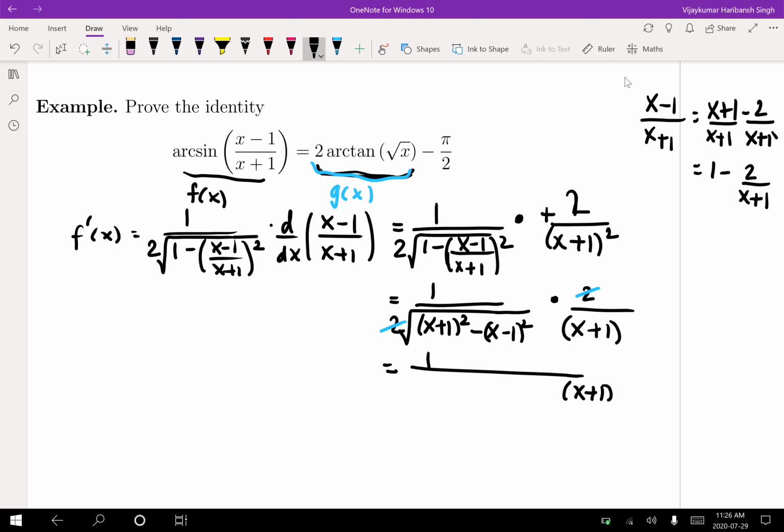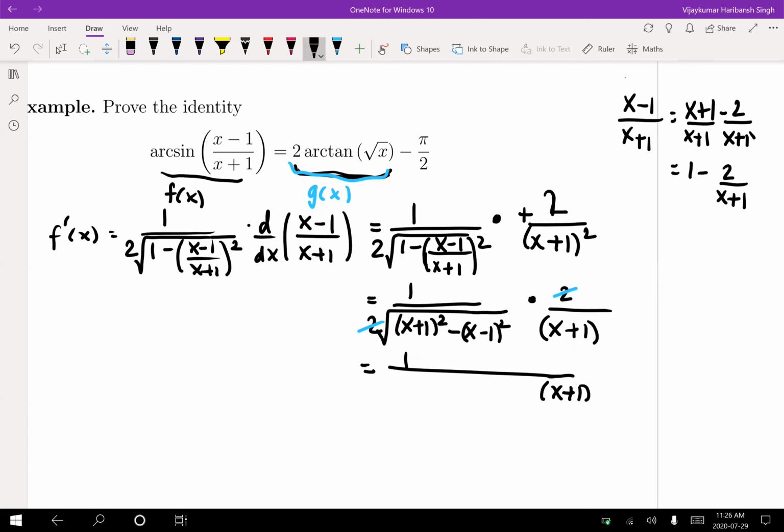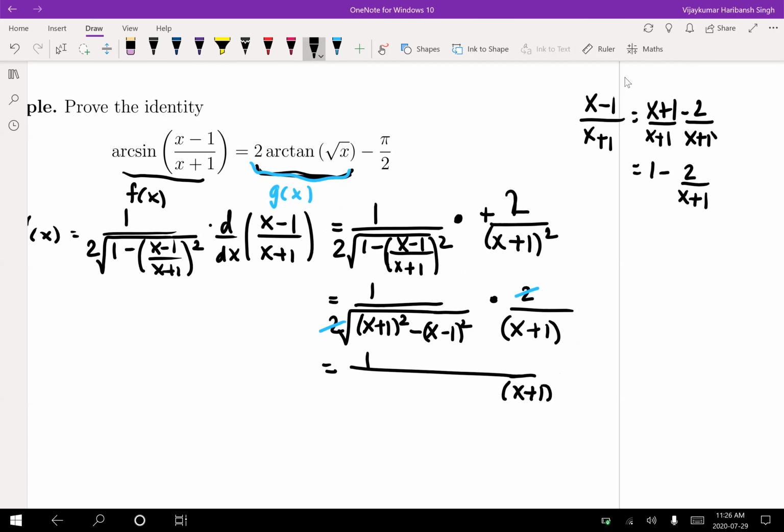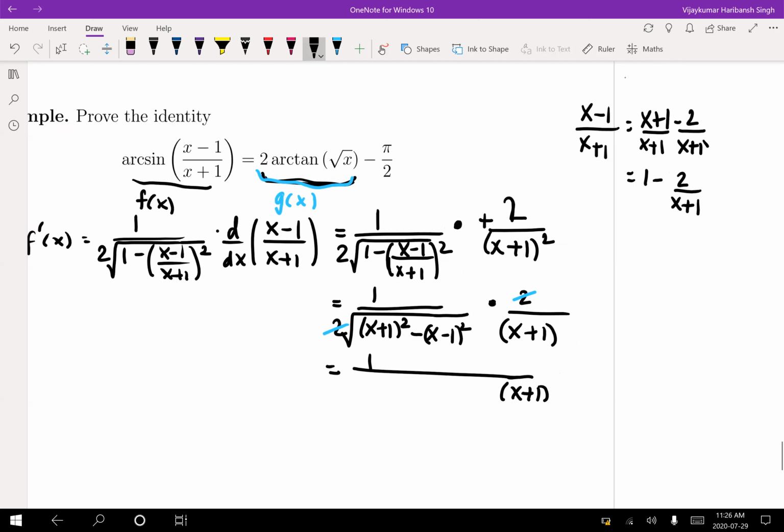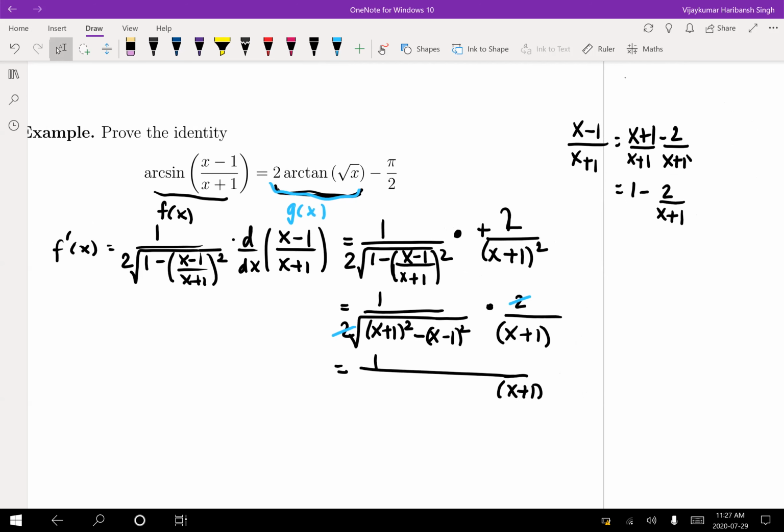And what will the inside simplify to? Let's see. The inside part will simplify as a squared minus b squared, so it's going to be a plus b times a minus b, when you subtract, you will get 2.